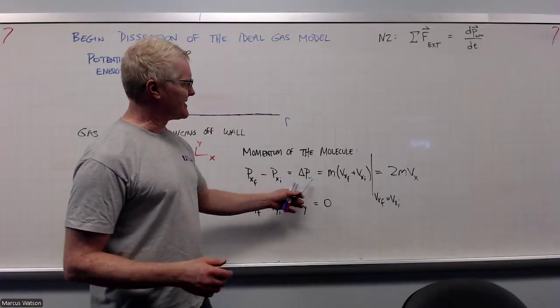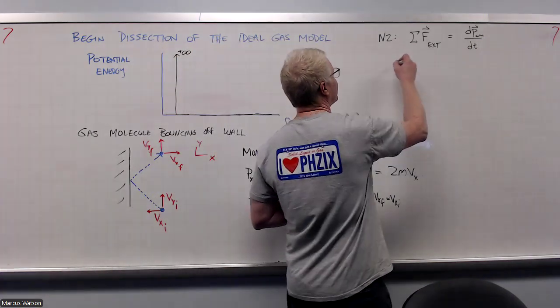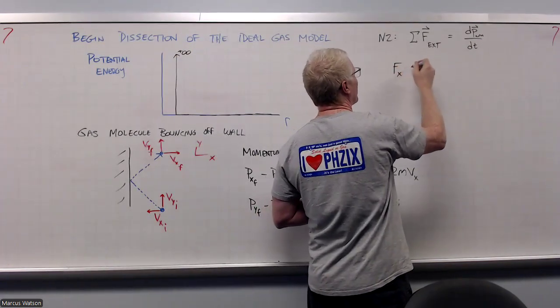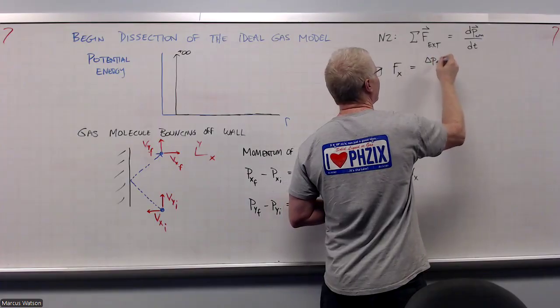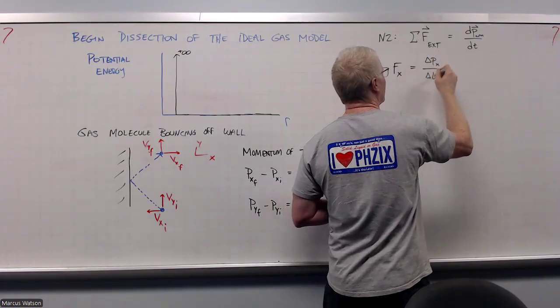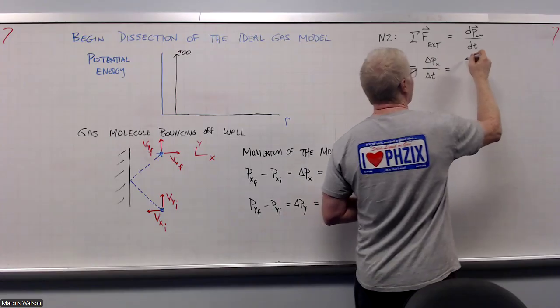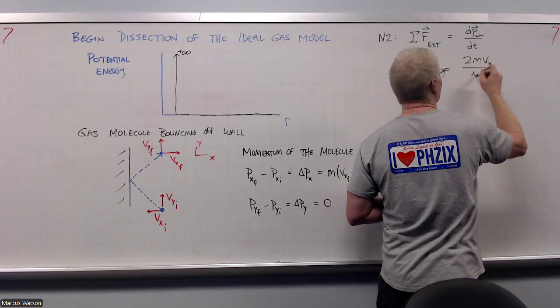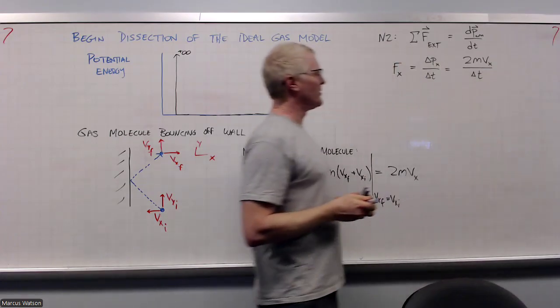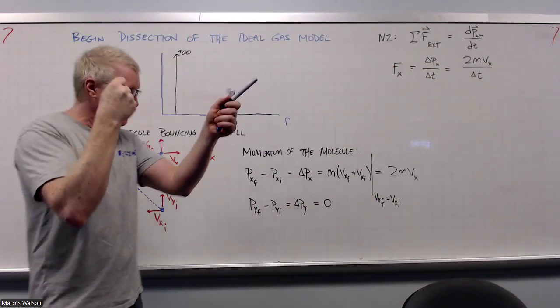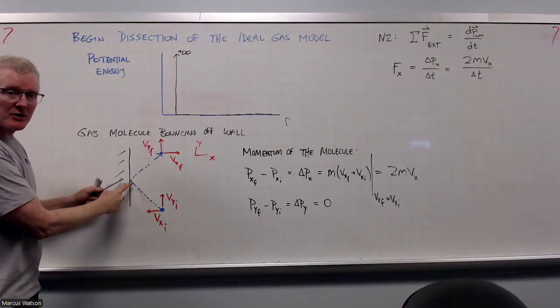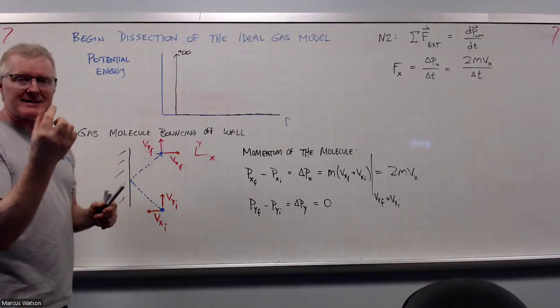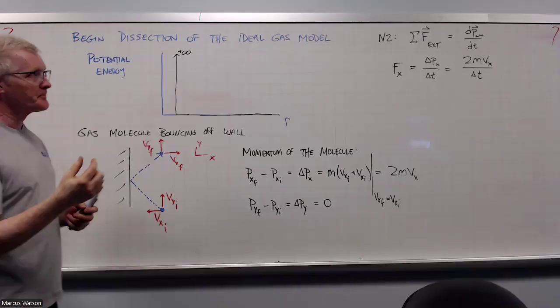If I think of that as delta Px, then the force exerted in the x direction is something like delta Px per time, which means it's 2m times Vx divided by some time interval. The time interval during which the collision happened, right when this thing was in contact with the wall, that's the time of collision.